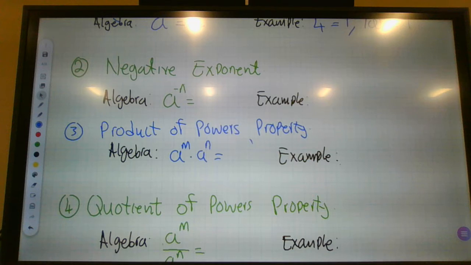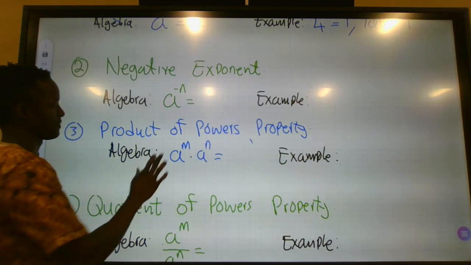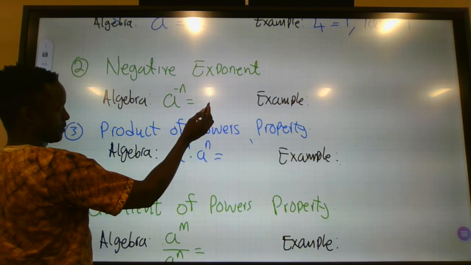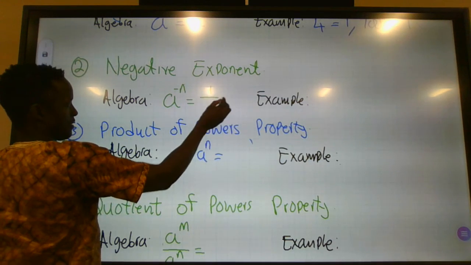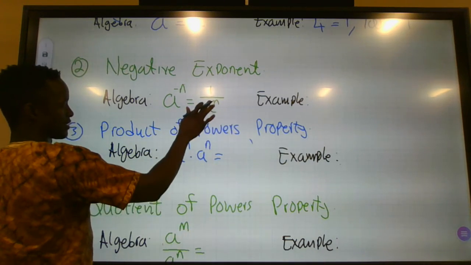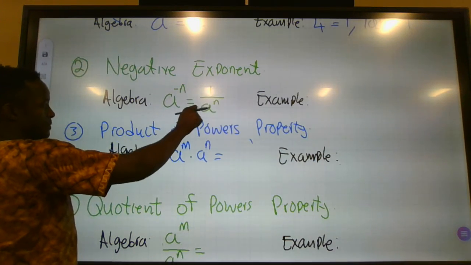The next property is the negative exponent. And here we mean that an exponent is negative. And so how we simplify this ends up being a positive exponent. We write it as 1 over a to the exponent n. In this case, notice how n is positive now because of the change that we apply to this expression.